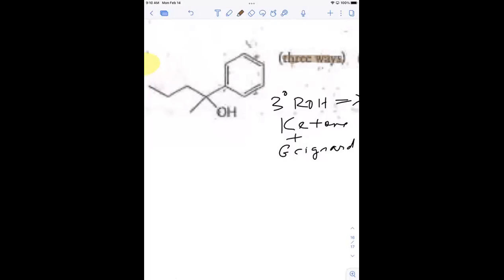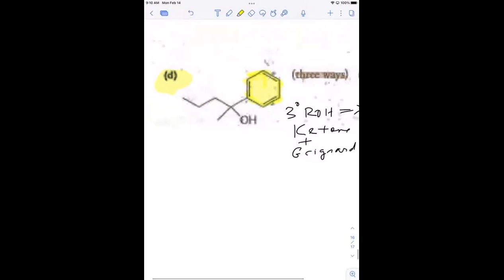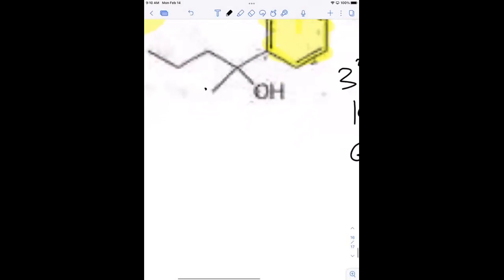Could you use the aromatic ring? Yes, you could. You could take the ring, and this could be a Grignard added to a ketone. What else? Somebody else. This is a CH3, by the way.